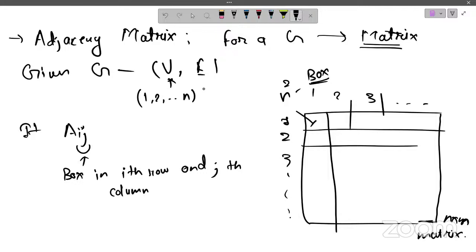I say that this box Aij is equal to 1 if there is an edge between vertex i and vertex j, because I am denoting my vertices using numbers. And this entry is equal to 0 if there does not exist any edge between i and j. In this manner, I can form a matrix related to a graph G.